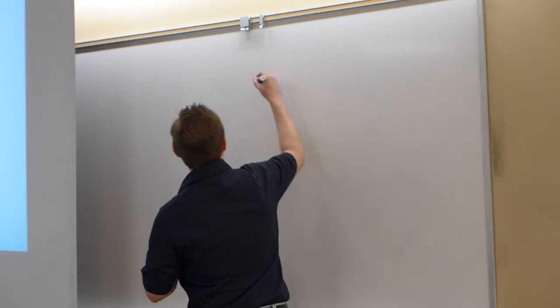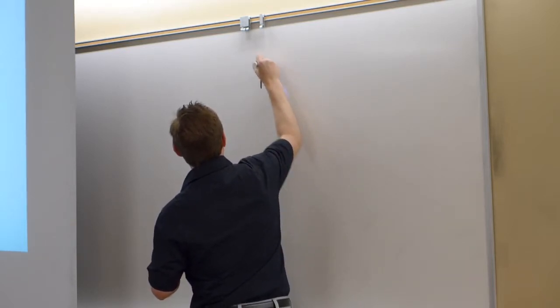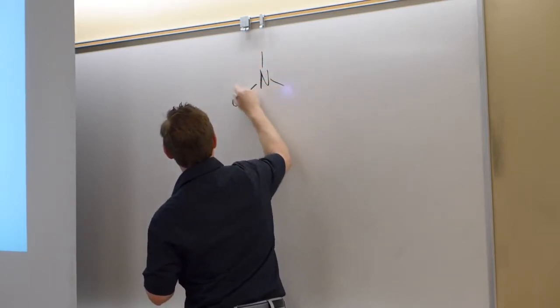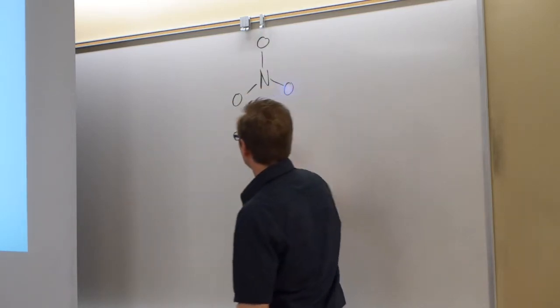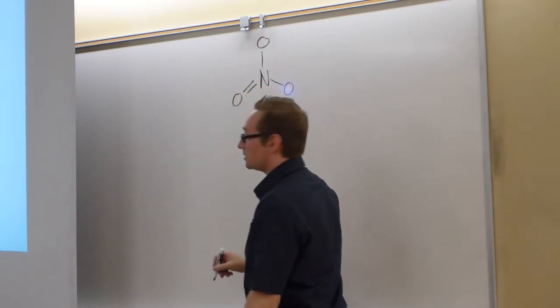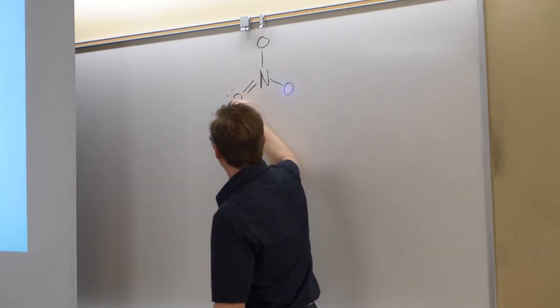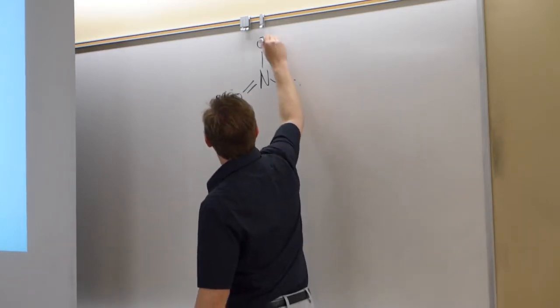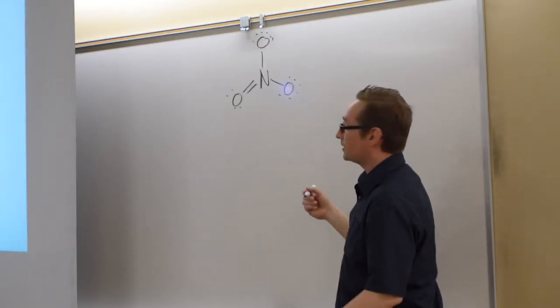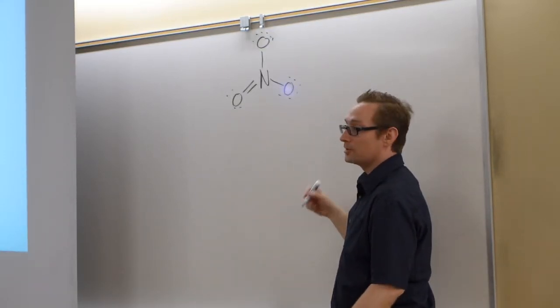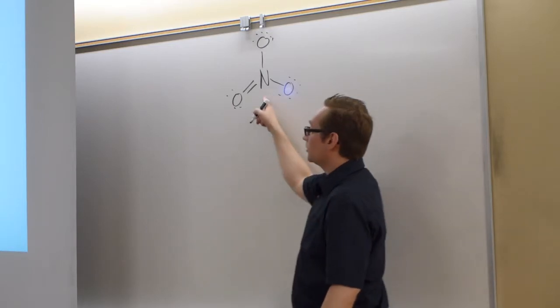For nitrate, we know the Lewis structure, the VSEPR sketch looks like this. It's got resonance structures and all this stuff. Sure, it's got a double bond on one of them. If I were to draw the VSEPR sketch with the lone pairs in there, is this polar or non-polar?